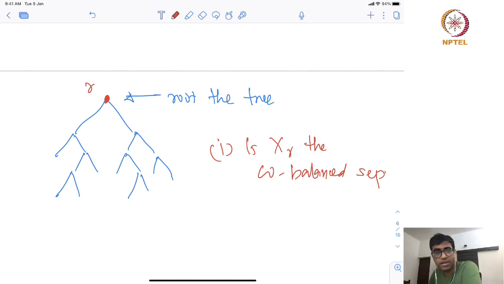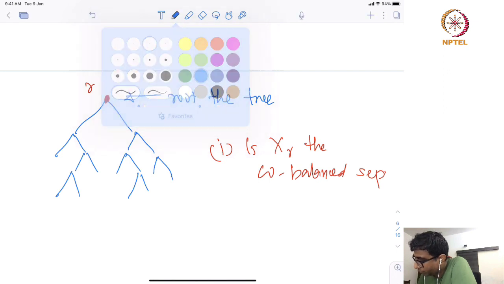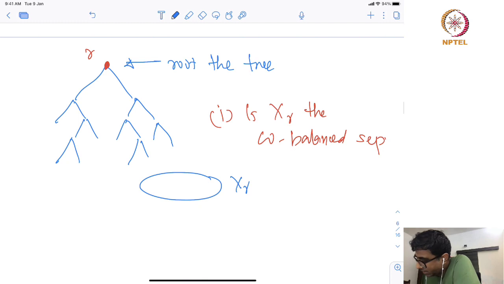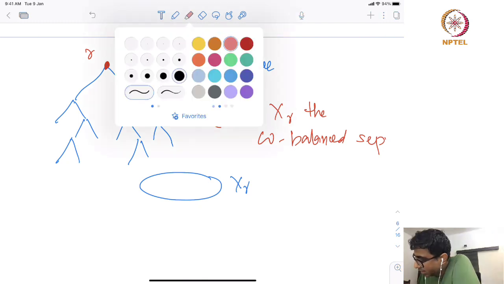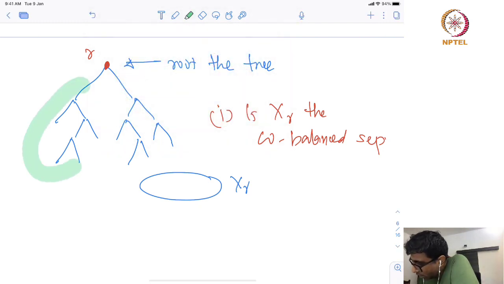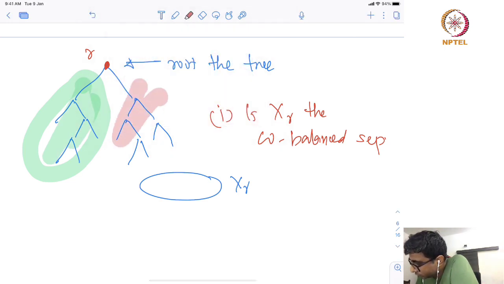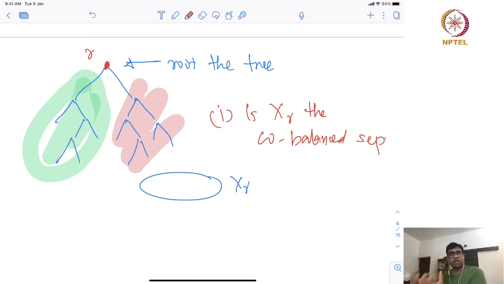Well, what you know is that if you delete X_R, the property is that the vertices appearing here and here, there will be connected components of my graph that are either contained inside these vertices here or these vertices here, but they will not intersect. All their intersection vertices are contained inside X_R.